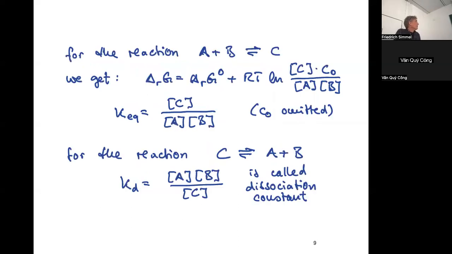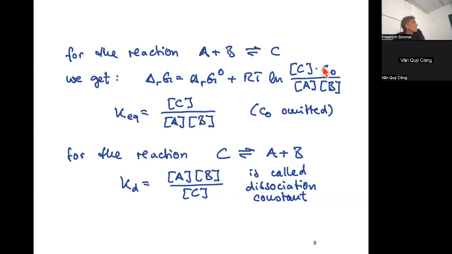Now, when you have a more complicated reaction, and this is relevant for us in the context of DNA, because, for example, one DNA strand binds to another DNA strand and makes a DNA duplex, you have such an expression. Now, the free energy change of the reaction is given by the standard change plus this expression that involves the concentration.